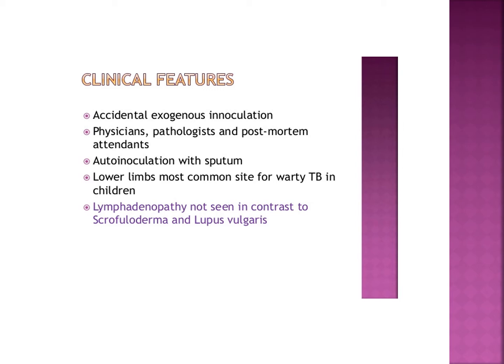It is very much localized, and there is hardly any formation of sinuses like scrofuloderma, or any prominent atrophy like lupus vulgaris, which we had seen in the earlier pictures and description.